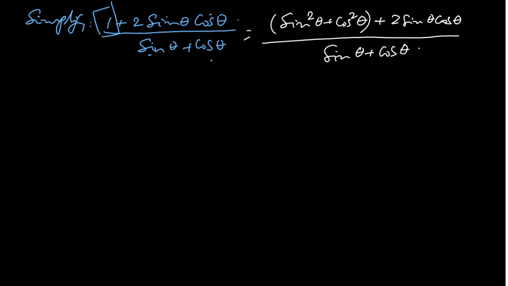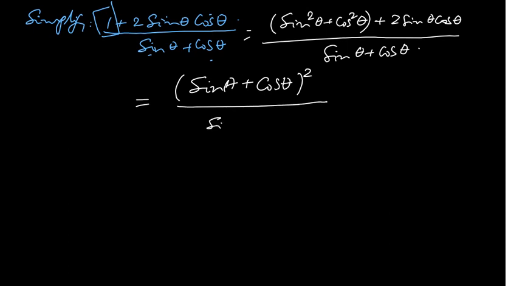So by reorganizing and combining, I write the numerator as sine theta plus cos theta whole squared divided by sine theta plus cos theta. So now divided by this one, same thing is there, right? Yeah. So we get the answer as yes, correct.